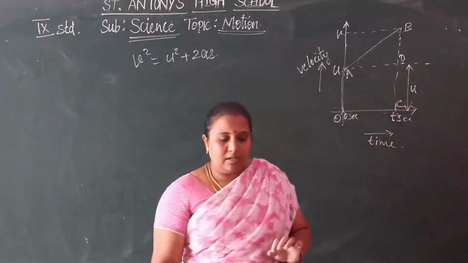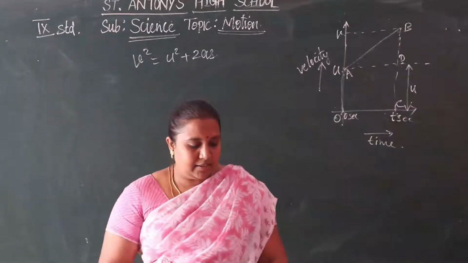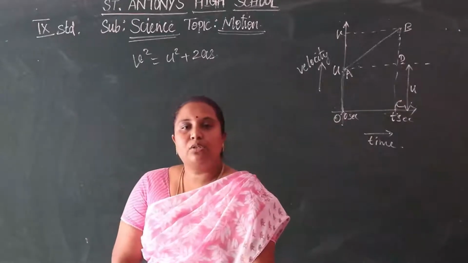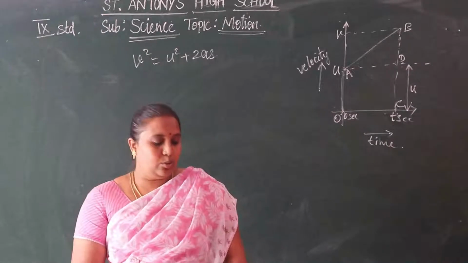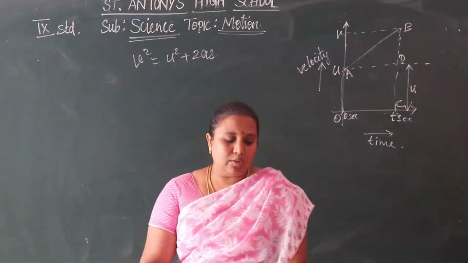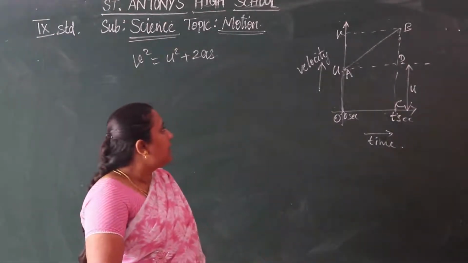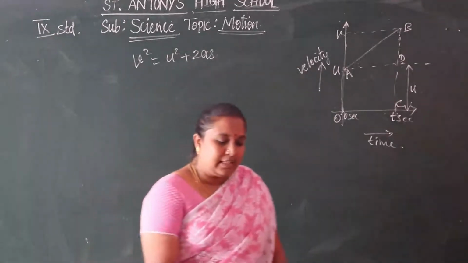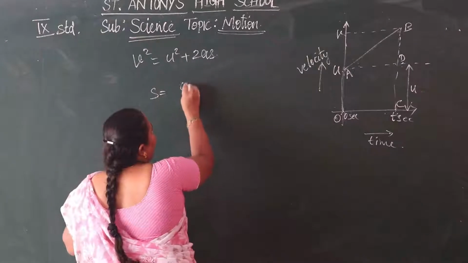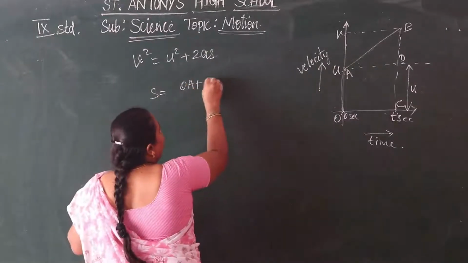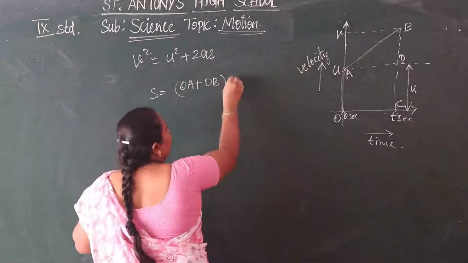So here, for the third equation v square equals u square plus 2as, distance s equals area of trapezium OABC. So s equals OA plus OB into OC by 2.